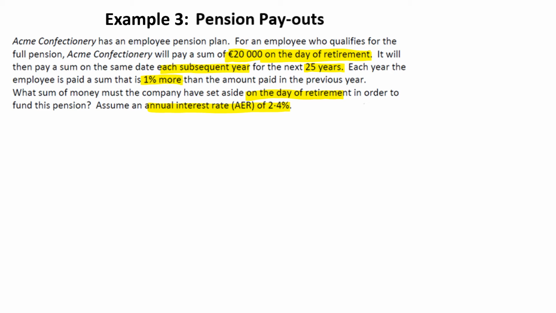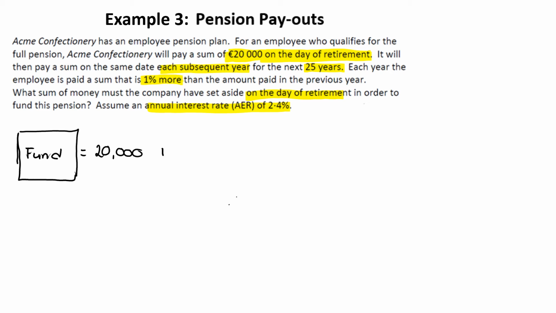So I will always suggest drawing that out. We're looking for this thing here. So here is the pension fund. They want to have a fund sitting here. And from that fund, they're going to start paying out. And the first payout is going to be 20,000. Now, it is straight away, so there's no interest. There's no need to bring that back to anything.